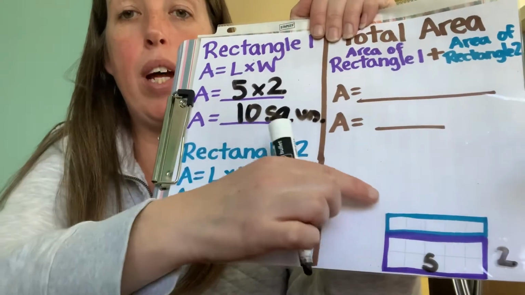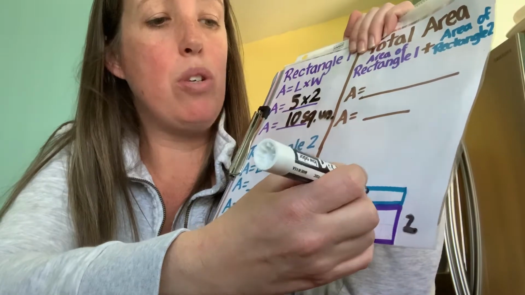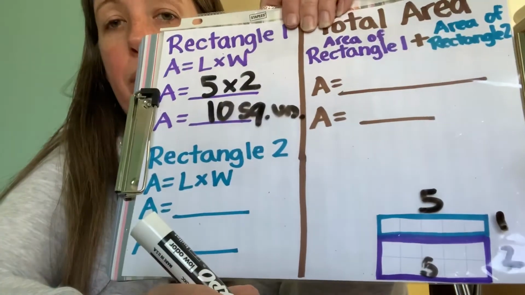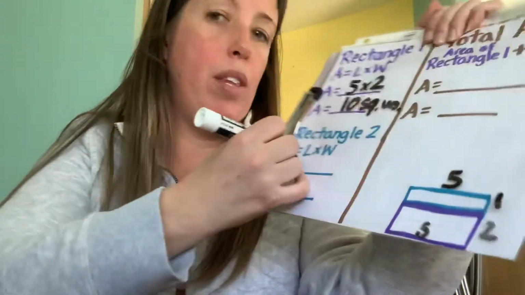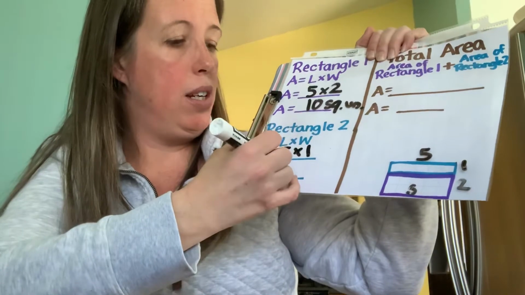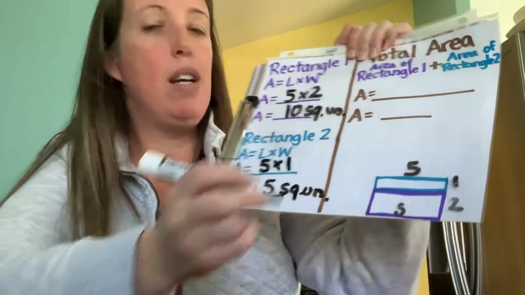Now I'm ready to move on to rectangle 2. This has a length of 1, 2, 3, 4, 5 as well, but it only has a width of 1. So 5 times 1 equals 5 square units.